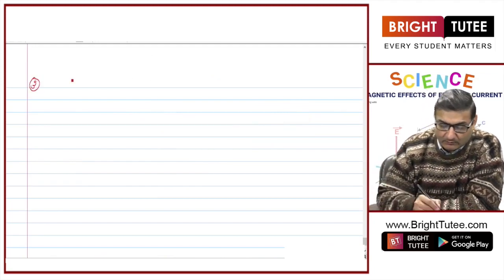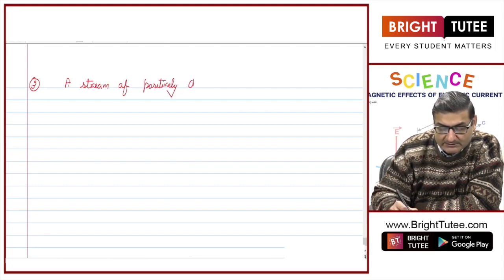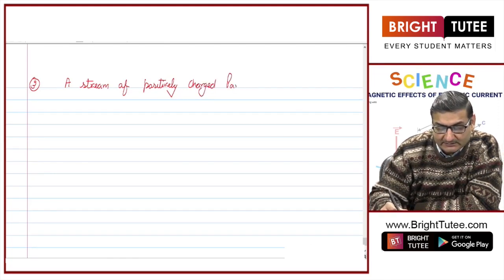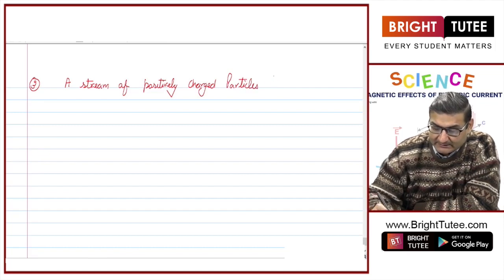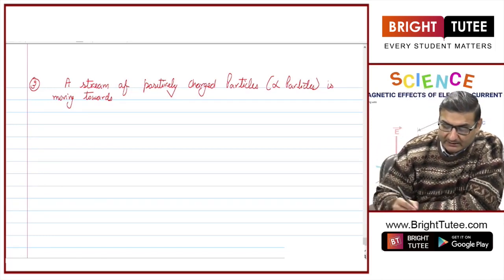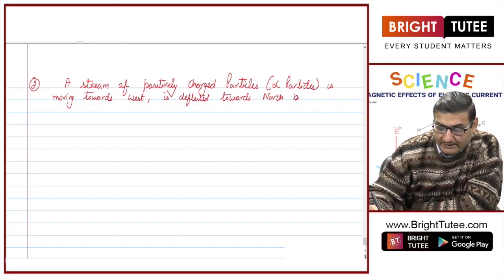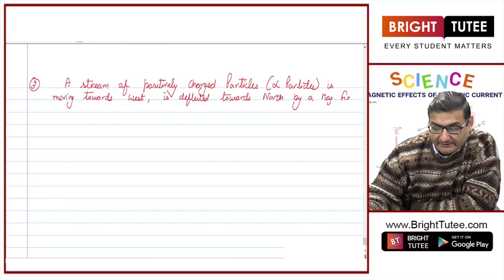Third part. Now the question given to us is that a stream of positively charged particles, meaning protons or alpha particles, specifying it, alpha particles, is moving towards the west direction and is deflected towards north by a magnetic field.